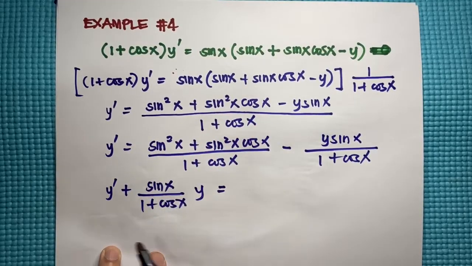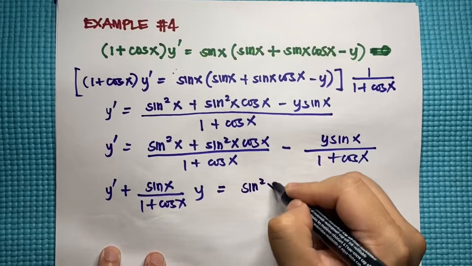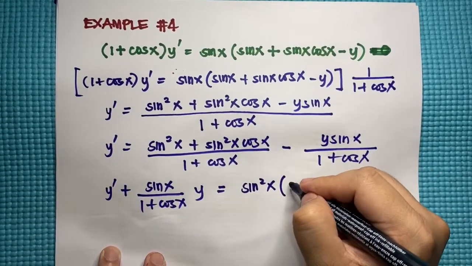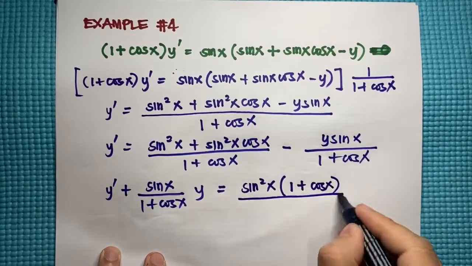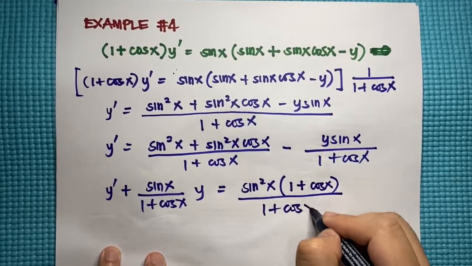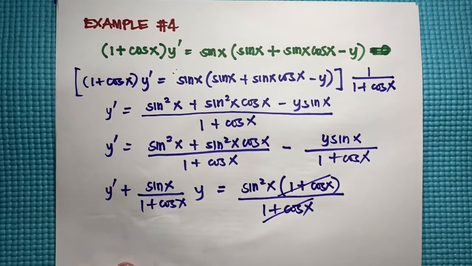As you can see, sin²x is factorable. So we could have sin²x, leaving us to have 1 + cos x, divided by 1 + cos x. So the two are common, so we could cancel them out.